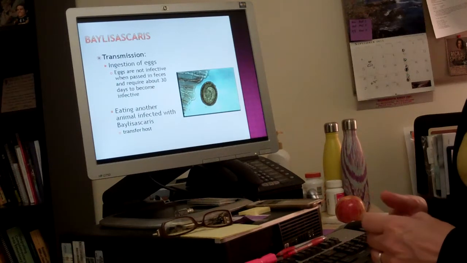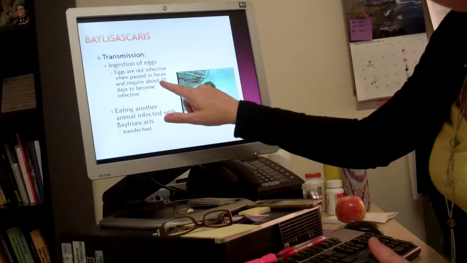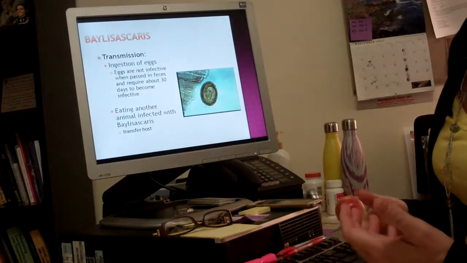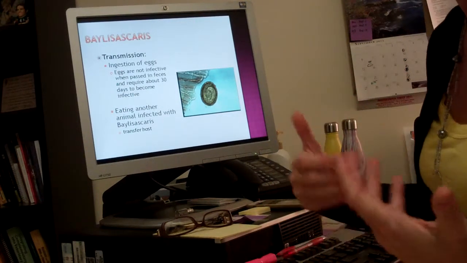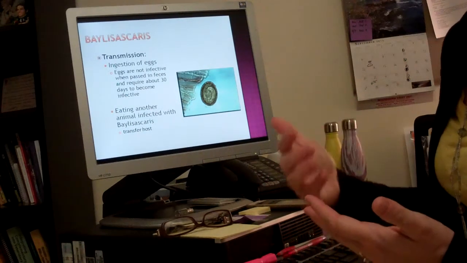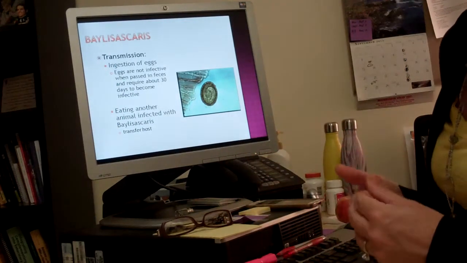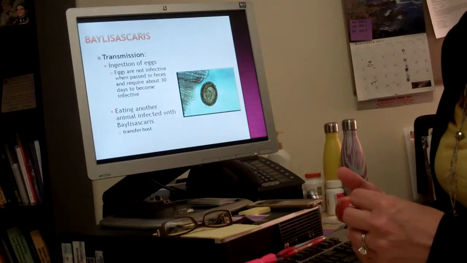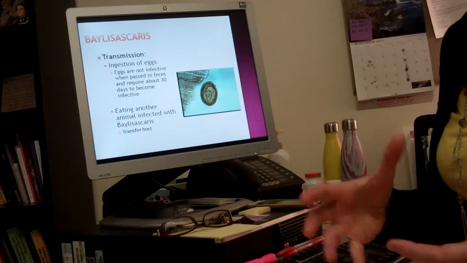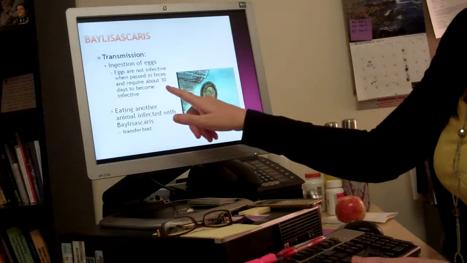If you work in wildlife rehabilitation and remember that it takes a month for these eggs to become infective, you know that you are going to be cleaning that habitat of the raccoons very frequently. Just like animal care, you clean the dog's kennels once, twice, 3 times a day. You are going to go into the raccoon habitat and clean up their fecal matter so it doesn't have the opportunity to grow, mature, and become infective.